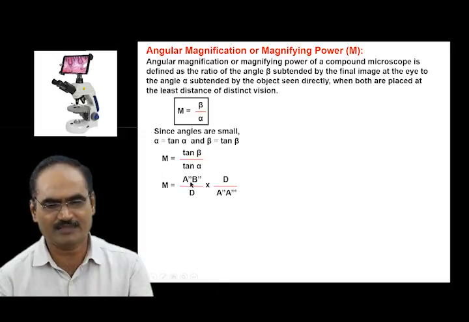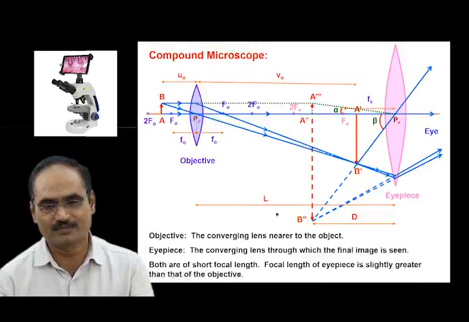So we write it as A double dash B double dash by A double dash A triple dash. A double dash B double dash and A double dash A triple dash can be written as AB here. I will go back and see now. Here, A double dash A triple dash, this height is the same as AB. That is what we will write here.